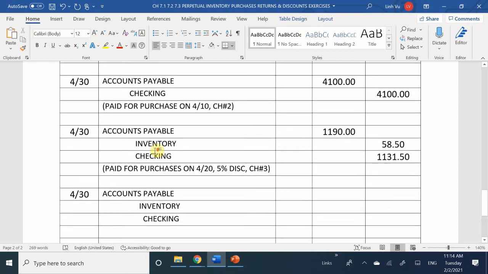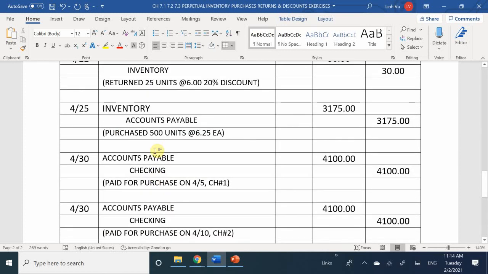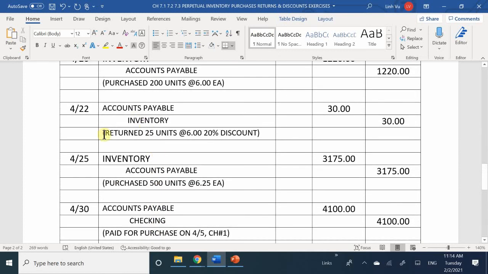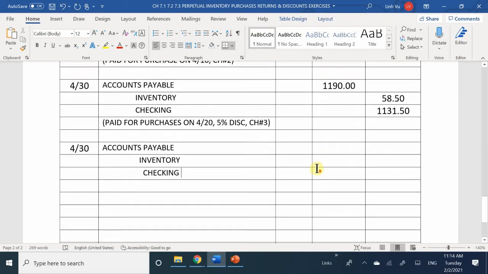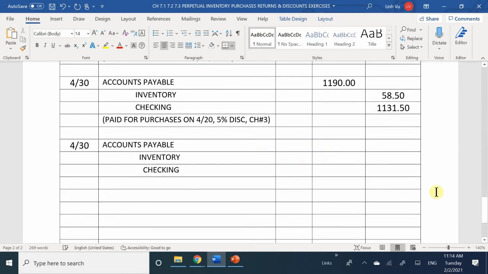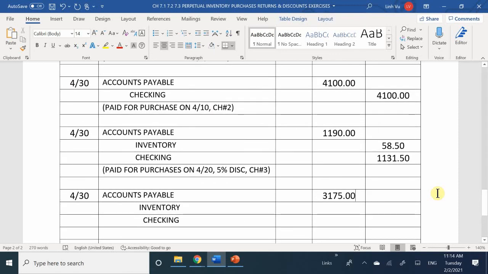Now, again, we're going to go back up to see how much on the 25th. If my purchase was for $3,175, how much is my discount going to be? $158.75.